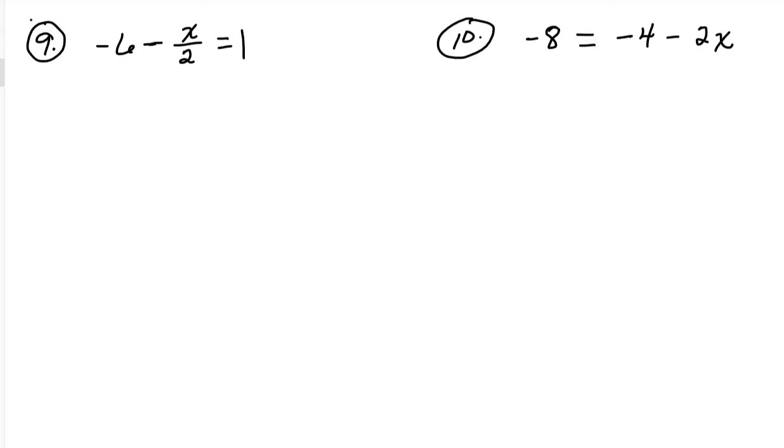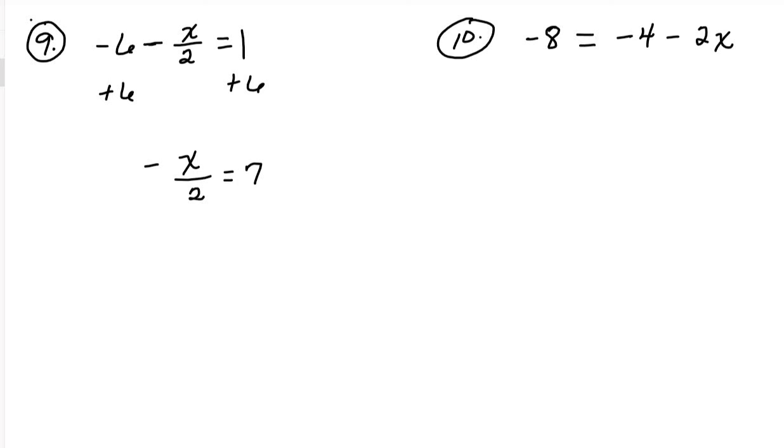Okay, problem 9, I'm going to add 6 to both sides of my equation. So negative x divided by 2 equals 7. And from here, I've got a couple of different things that I can do. I can get rid of the 2 and then get rid of the negative. I could get rid of the negative and then get rid of the 2, or I could do it both at one time.